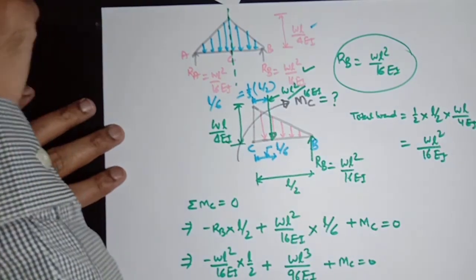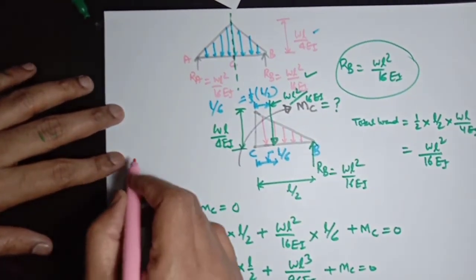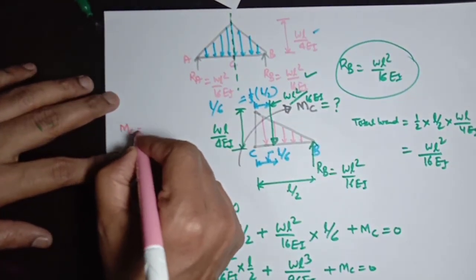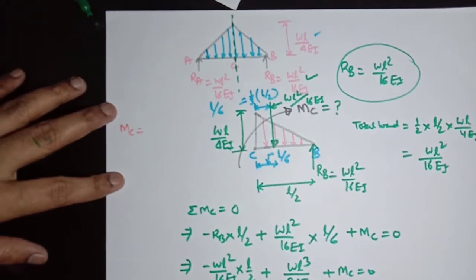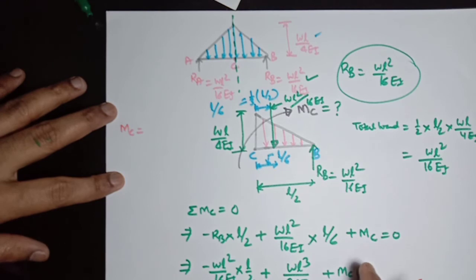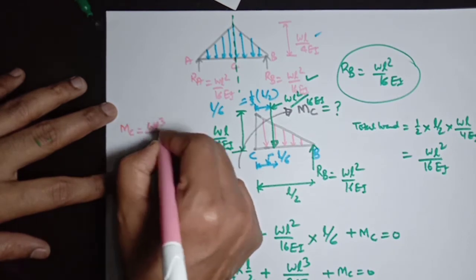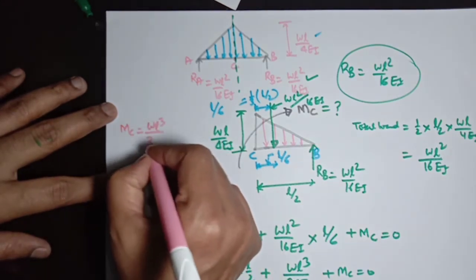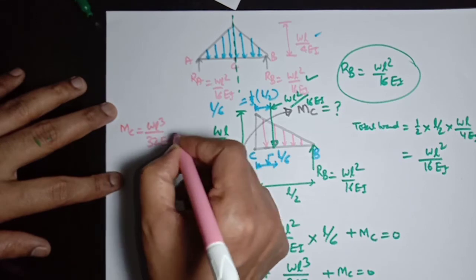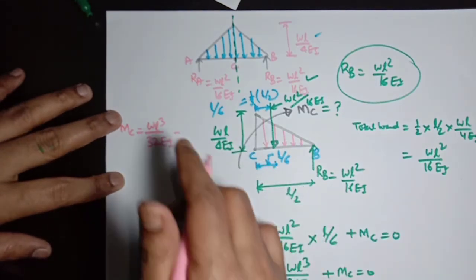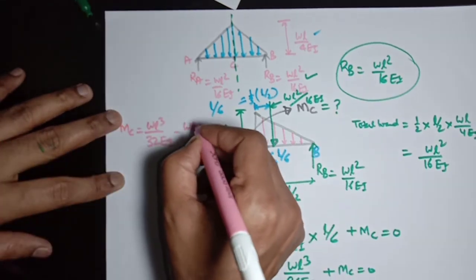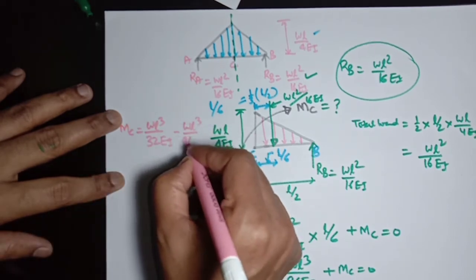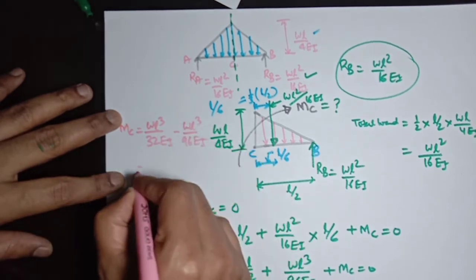Now we can rewrite this. MC value, going to the right of the equality sign, will be WL cube divided by 32 EI, with negative sign WL cube divided by 96 EI.